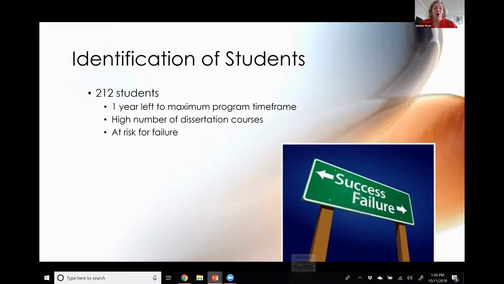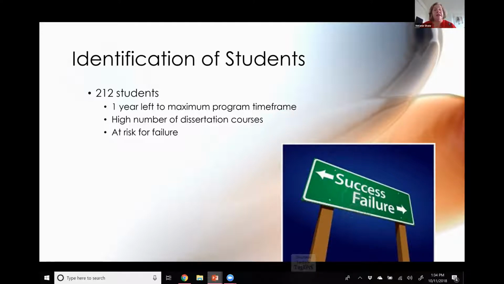We also ensured that students did not yet have an approved dissertation proposal. So these were students who were still in the early pre-chapters 1 through 3 approval of their research. We identified that as an institution, we had some liability pertaining to these students.